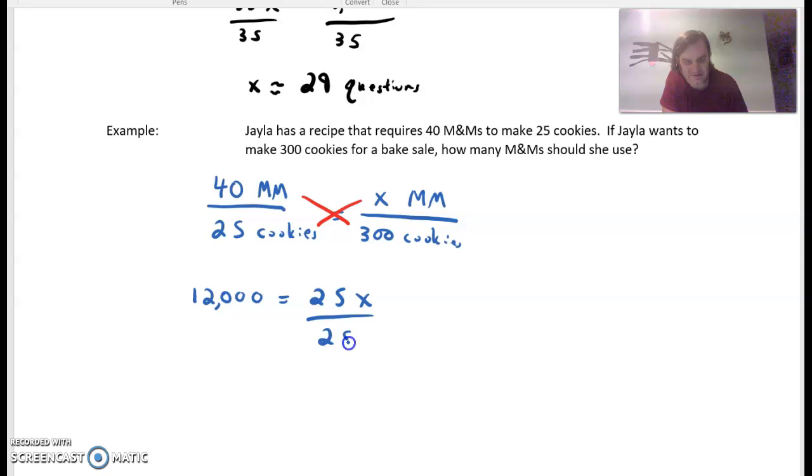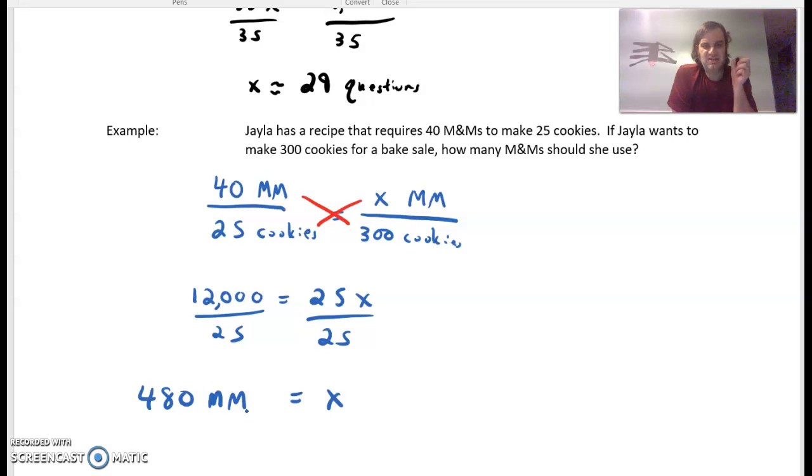We'll divide by 25 to get x by itself. 12,000 divided by 25. It looks like she will need 480 M&Ms. Now those are silly little examples, but they give you the workings of how proportions and rates behave.